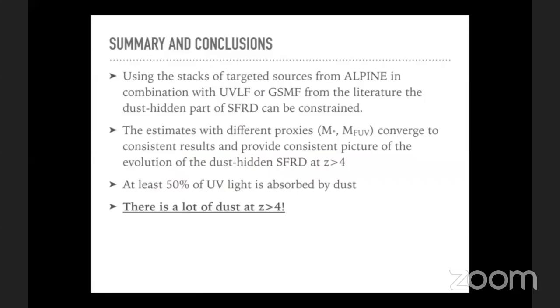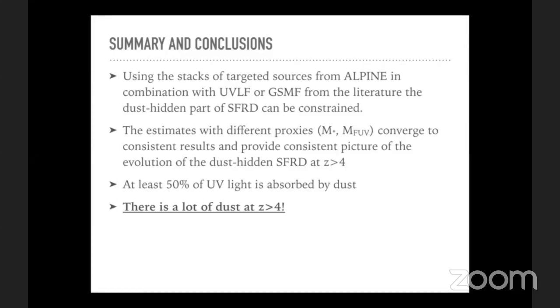So to conclude, using the stacks of the targeted sources from ALPINE, I was able to constrain the dust hidden part of star formation density at redshifts above 4 and obtain very consistent results using the different proxies, and also consistent with other works using the ALPINE survey.